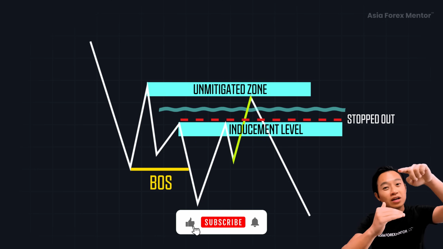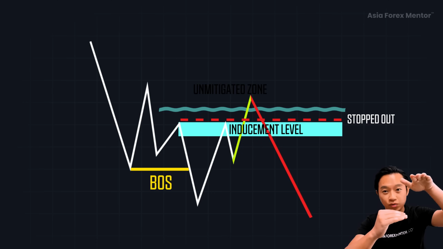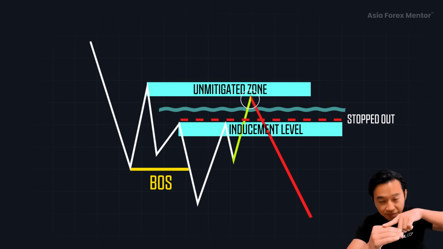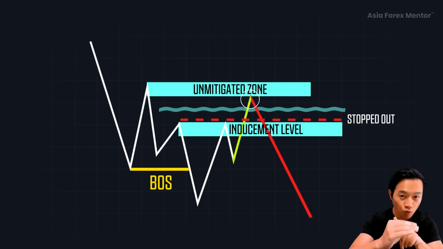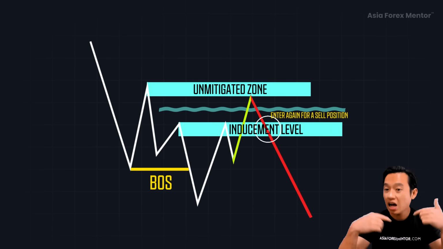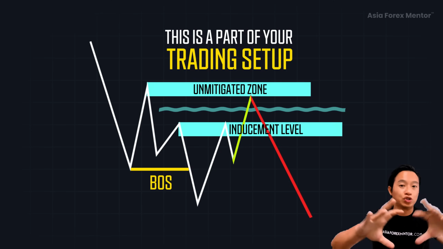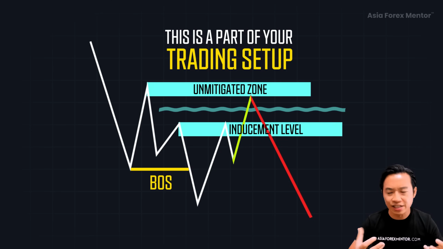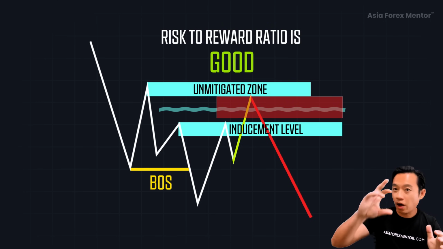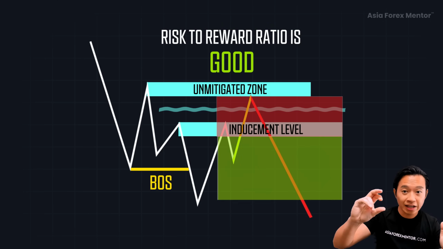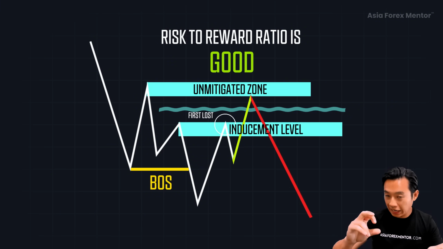Now, when it comes back down after hitting the next unmitigated zone, which is what you've seen, this is a good chance that this is now the real move where you can enter again, provided that this is part of your trading setup. You've got to backtest this to make sure that this is part of your trading setup, and the risk to reward ratio of this trade is also good, such that it can cover your first loss that you have taken.